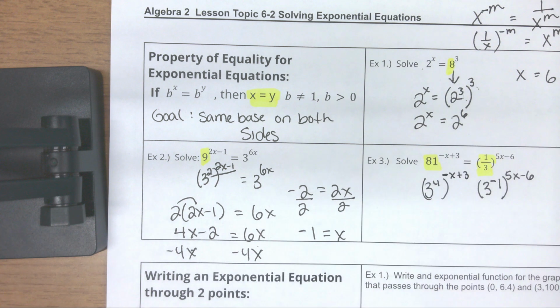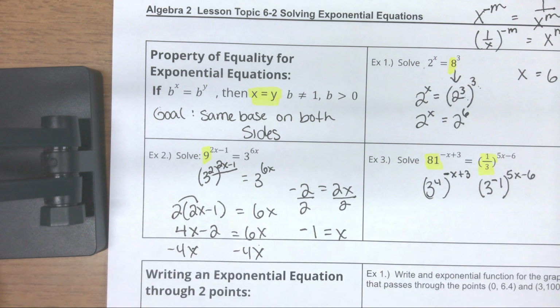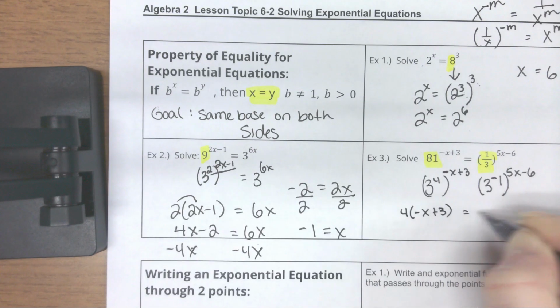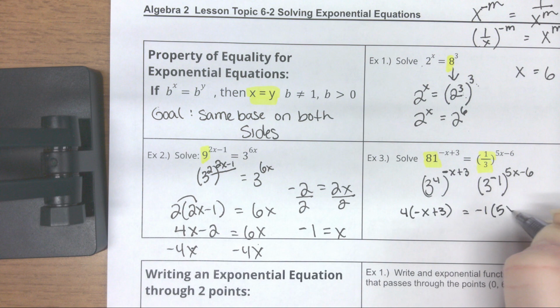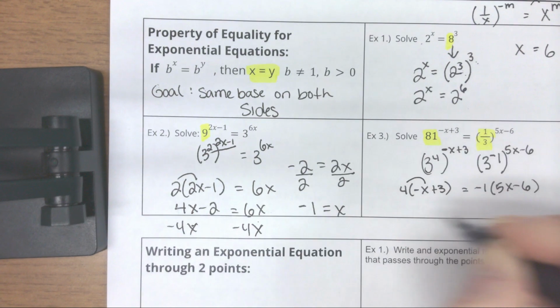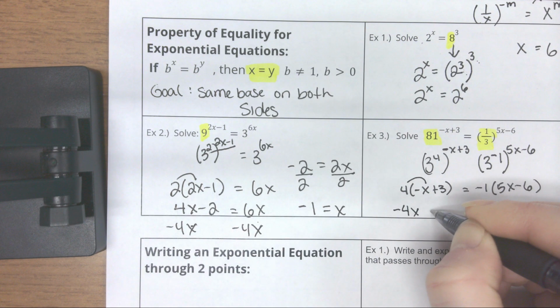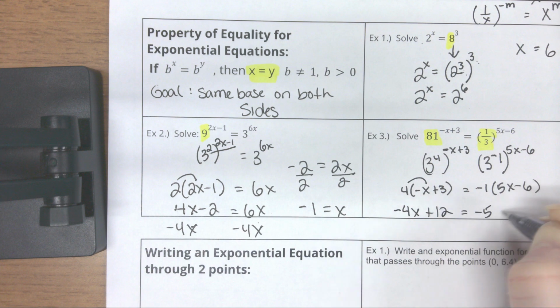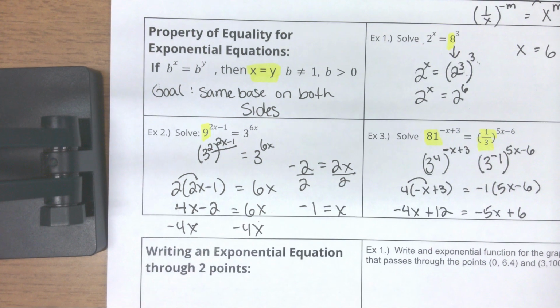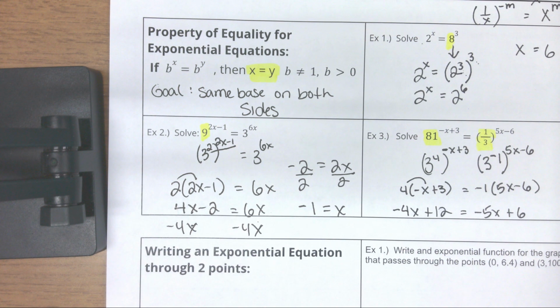All right, do they both have the same base? Yes, they do now. So now I multiply my exponents. I have 4 times parentheses negative x plus 3 equals negative 1 times parentheses 5x minus 6. And away we go. So that leaves me with negative 4x plus 12 is equal to negative 5x plus 6.